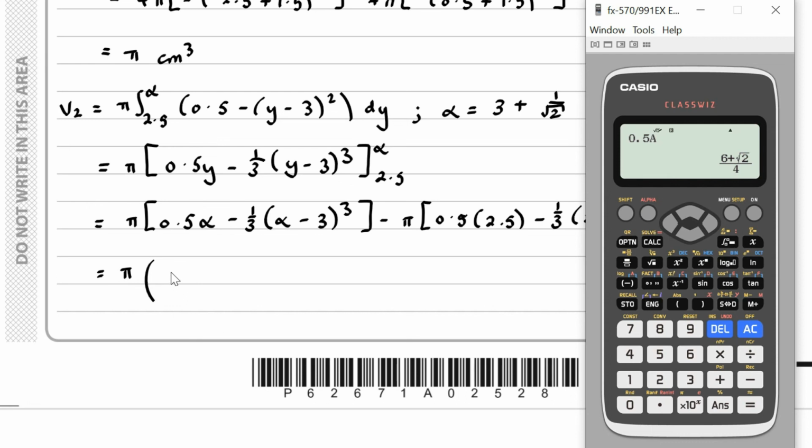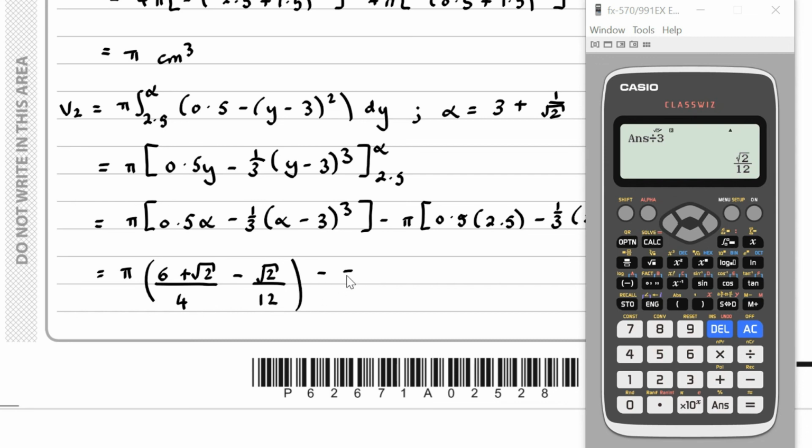So here we get 6 plus root 2 over 4. And then here we've got a, take away 3, then cubed, and then we're going to divide this by 3, so then we subtract off root 2 over 12.